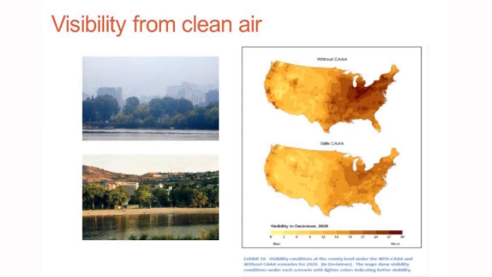Visibility from clean air. I'm sure you would enjoy a life in this world more than a life in this world. By the way, this is with a growing economy and a growing population. So whoever tells you that it will be doomsday if the mine doesn't come here, well, I don't know where he gets this information, but I don't think it will be. Anyway, I prefer the bottom one to the top one.